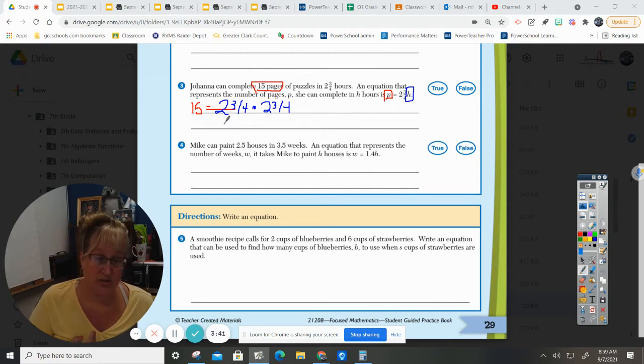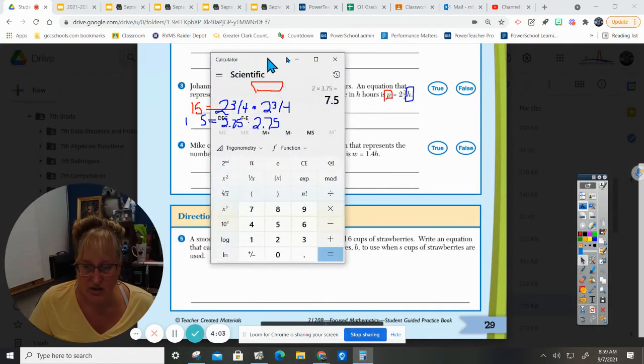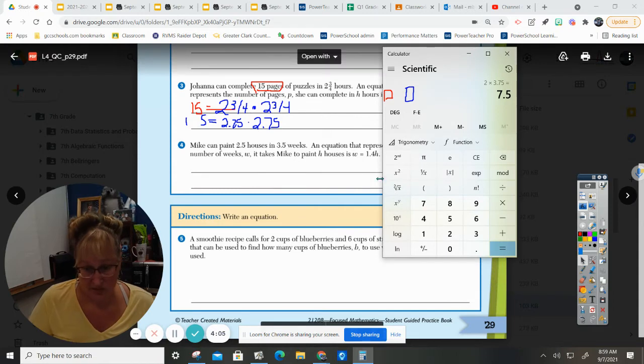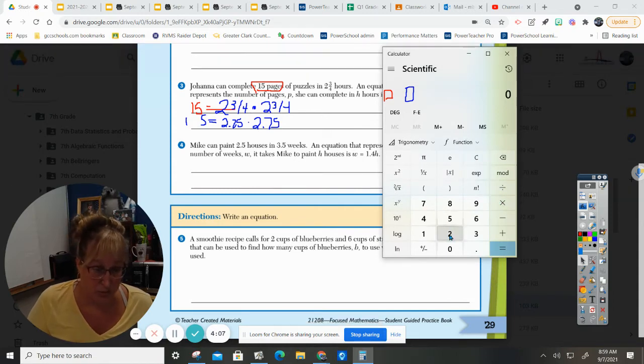I do not know the answer to that. But I do know that 2 3/4 is 2.75 and 2 3/4 is 2.75. I'm going to say no, simply because it's got 2.75 twice. But I've substituted the things in, so I'm going to check and see if 15 really does equal 2.75 times 2.75.